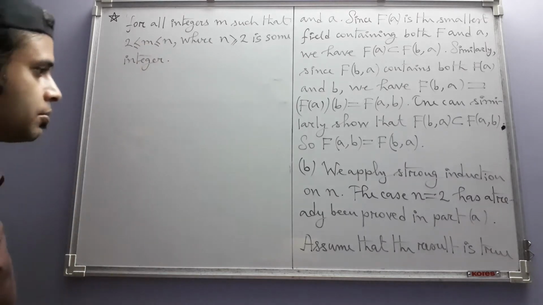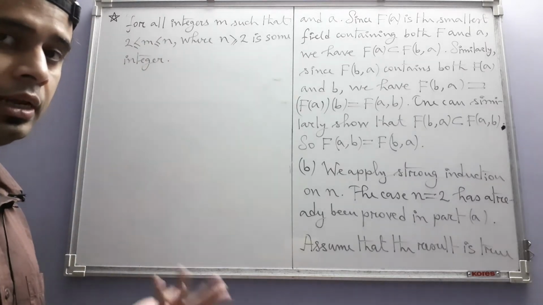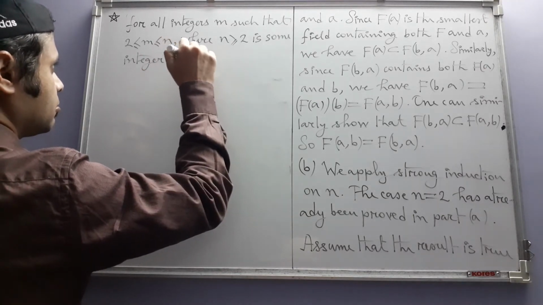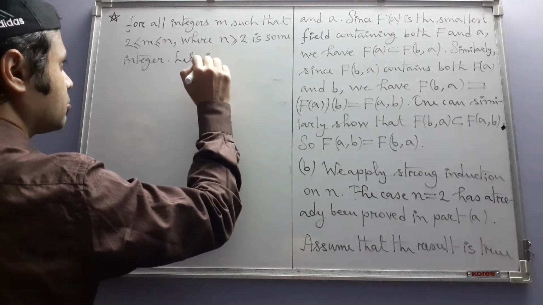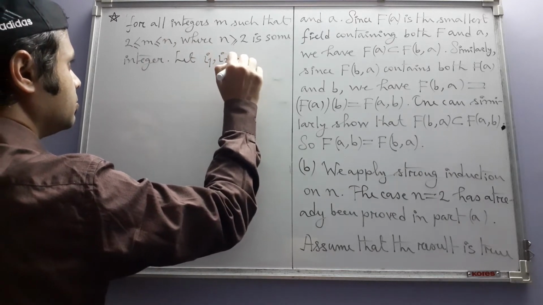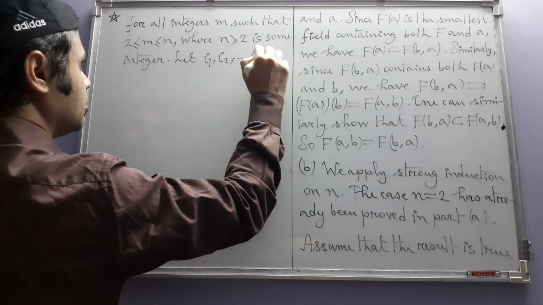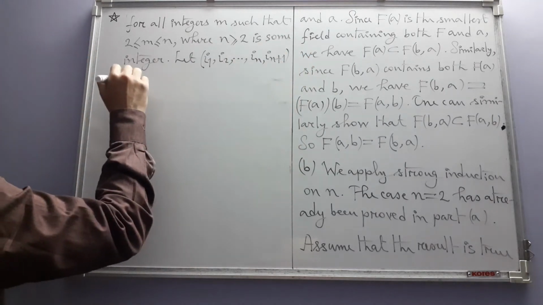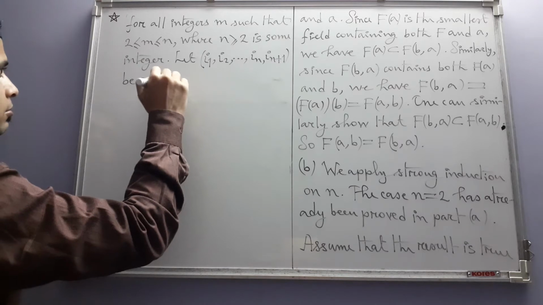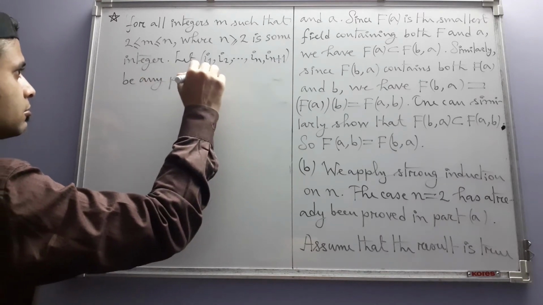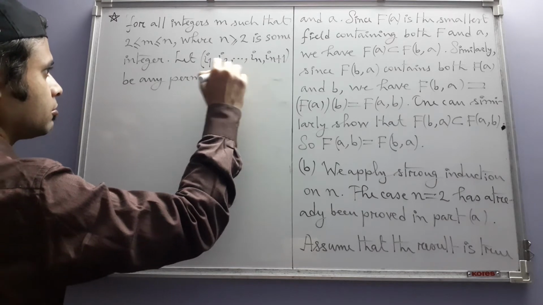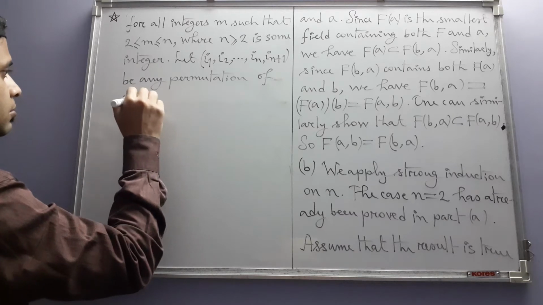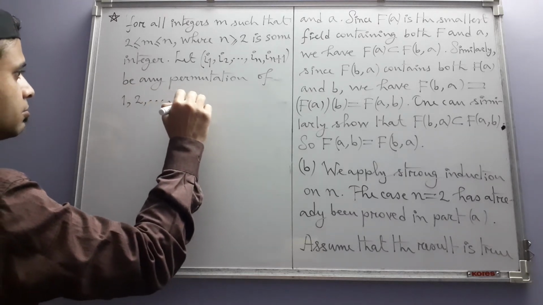We will now prove the result for n plus 1. So for that, let I1, I2, ..., I(n+1) be any permutation of these n plus 1 vectors.